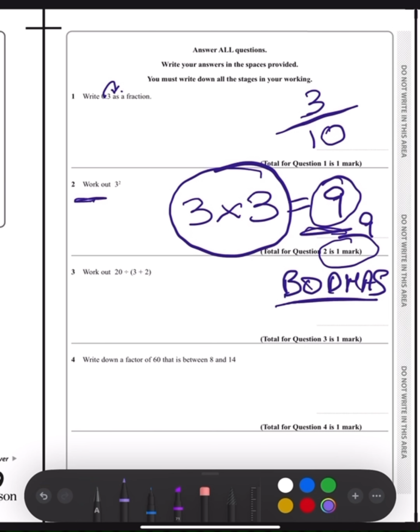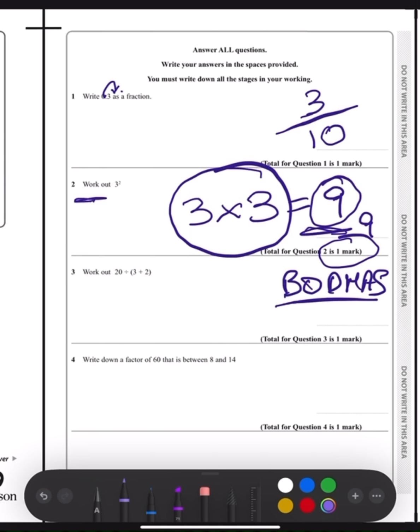Here we can clearly see that firstly they've given us 20 divided by bracket 3 add 2 bracket closed. So now what do we need to do? See now. As we know, first and foremost, we check: divide is the first sign given in this question.